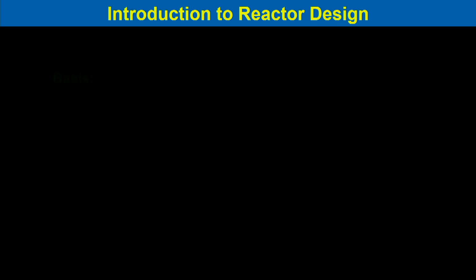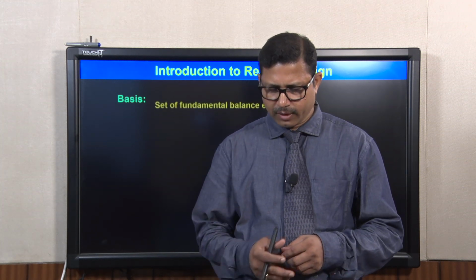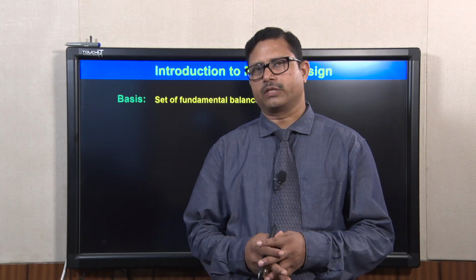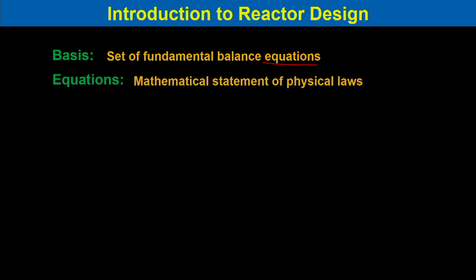So, introduction to the reactor design. The basis for designing any reactor is the set of fundamental balance equations. When we set up fundamental balance equations, what do these equations represent? These equations represent the mathematical statement of physical laws. So, when we say mathematical statement of physical laws, what does it mean?